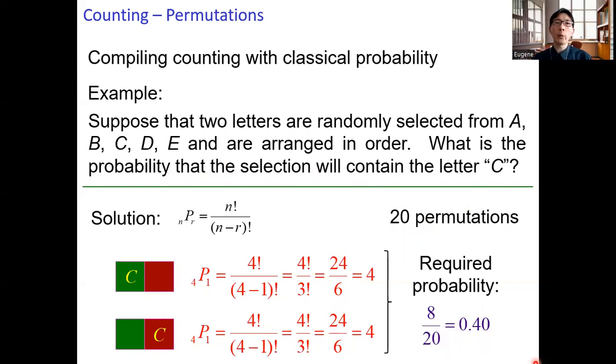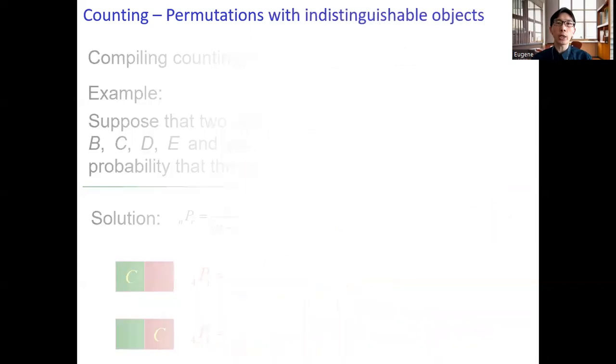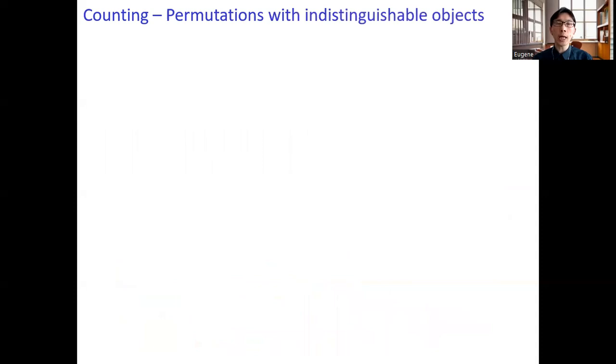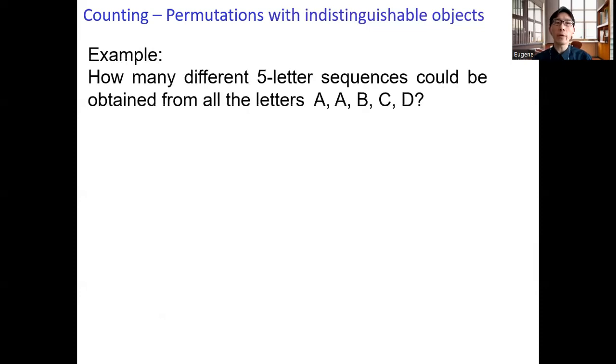And so far, we have covered permutations where the sample space has all distinct objects. Now we move on to permutations with indistinguishable objects. For example, how many different 5-letter sequences could be obtained from all the letters A, A, B, C, and D?